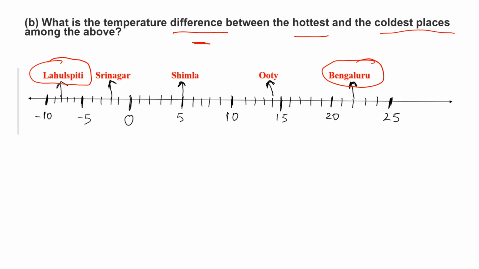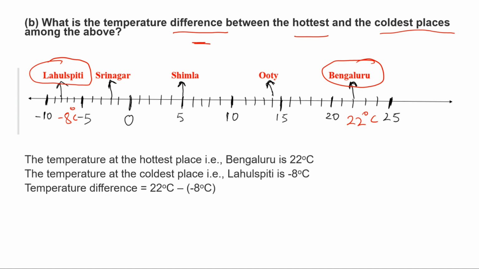Okay, and we have seen in the previous question that the temperature of Bengaluru was 22 degrees Celsius and for this one it's -8 degrees Celsius. Okay, and we have to find the difference of the hottest and the coldest places. So let's do that. 22 degrees minus -8 degrees.